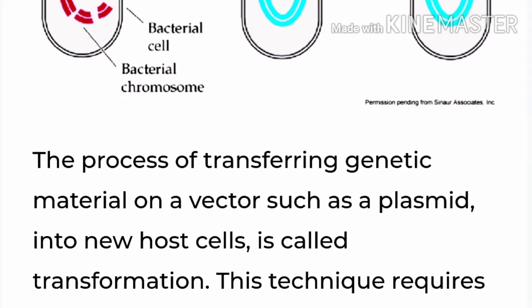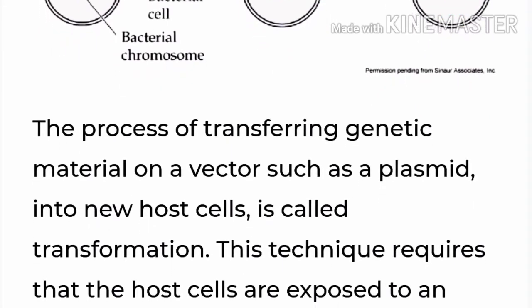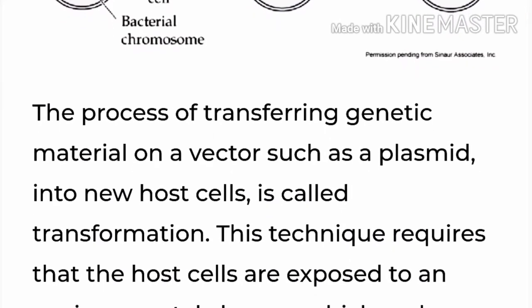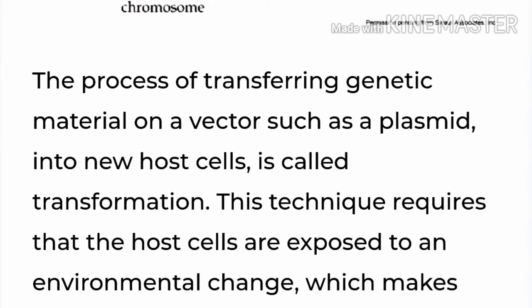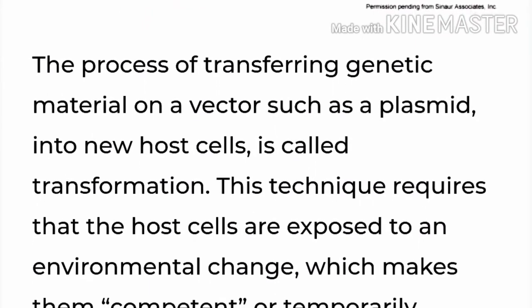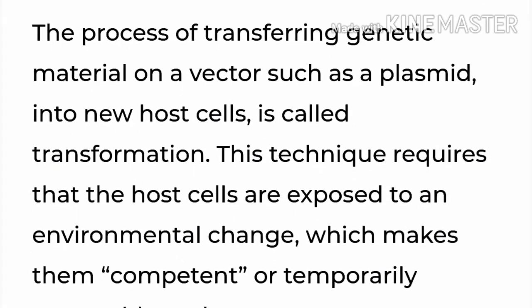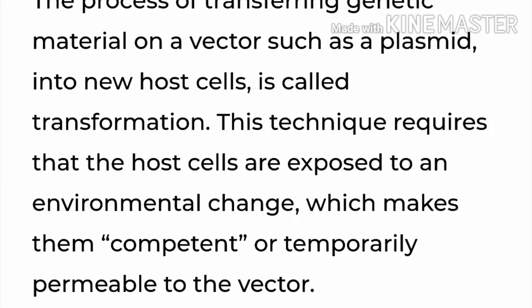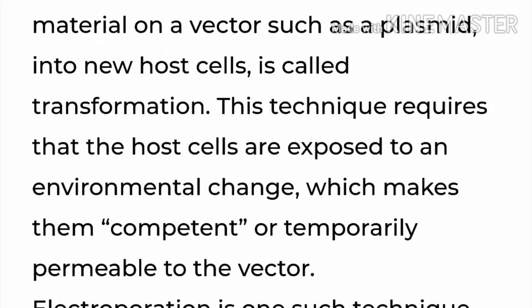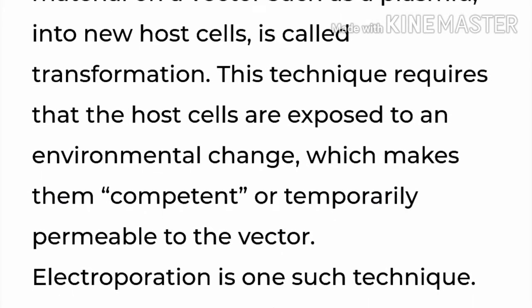Now look, the process of transferring genetic material on a vector such as a plasmid into a new host cell is called transformation. This technique requires that the host cells are exposed to an environmental change which makes them competent or temporarily permeable to the vector.